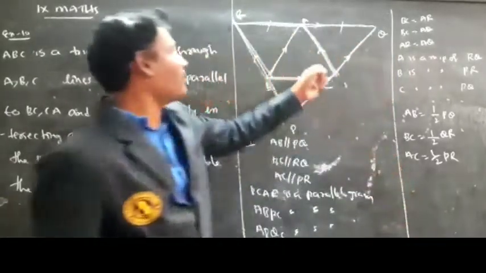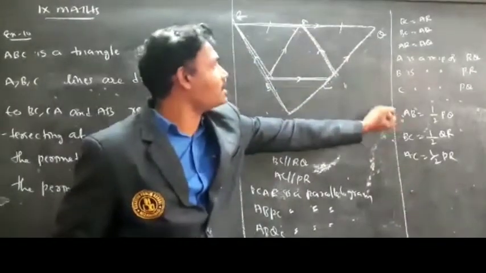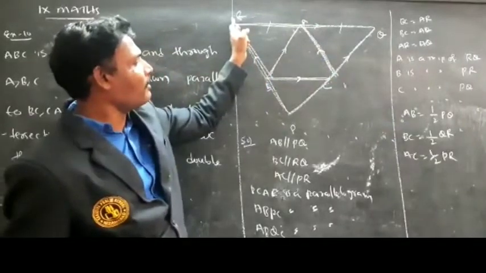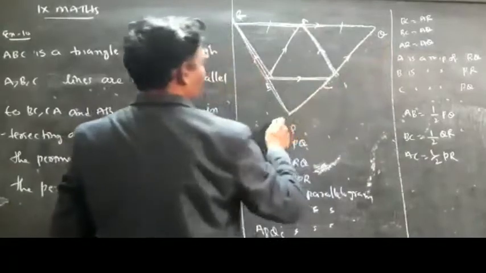Okay. So midpoint means what can we write? AB is equal to half of PQ. Why?